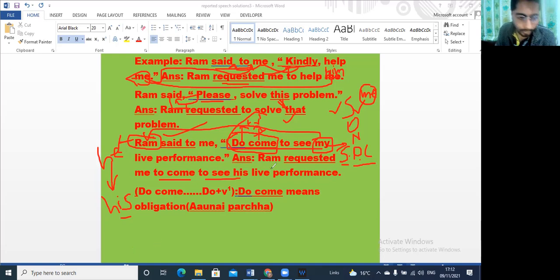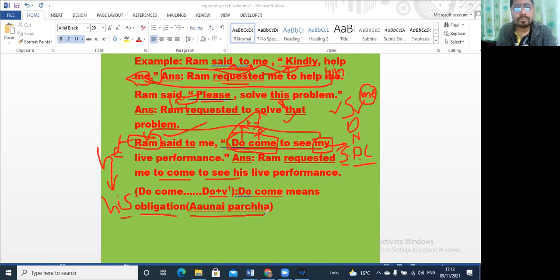So in our Nepalese culture, I have explained it downside: do plus verb one. Do means obligation, a kind of compulsion. Forcefully, something must be done. So here it is also mentioned, aunai parsa, to come to my party, aunai parsa in Nepali.